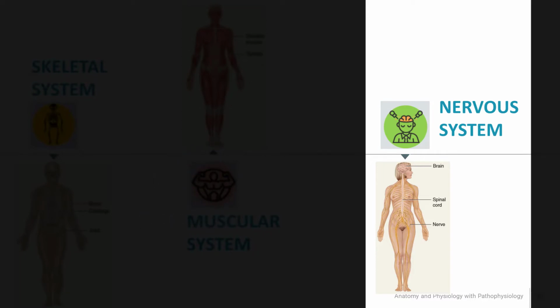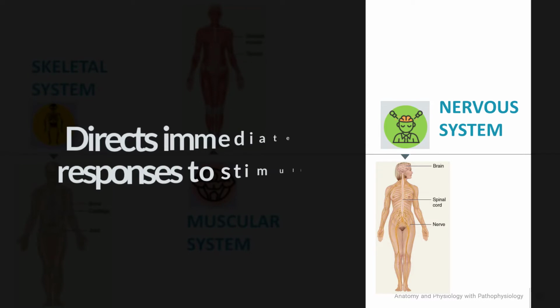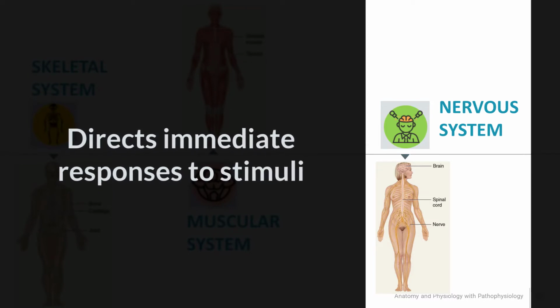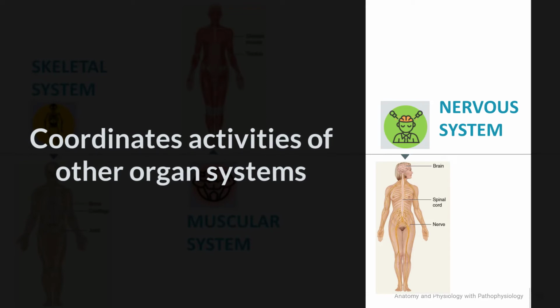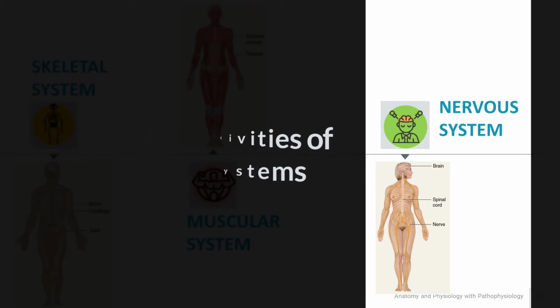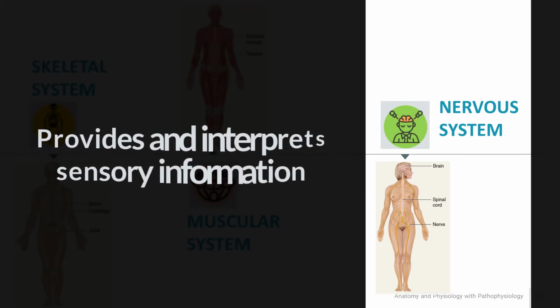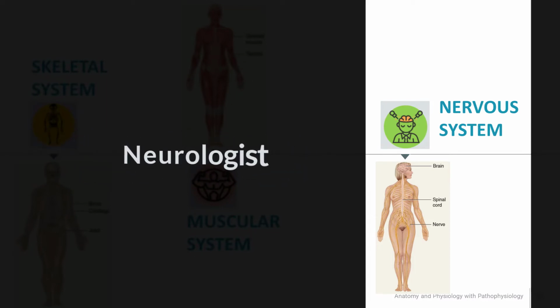The nervous system directs immediate responses to stimuli, and it also coordinates activities of other organ systems. It also provides and interprets sensory information about external conditions. A neurologist specializes in the diagnosis, treatment, and management of disorders involving the nervous system.